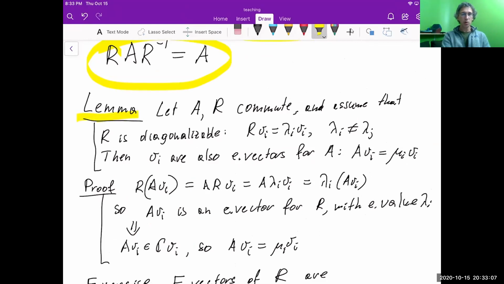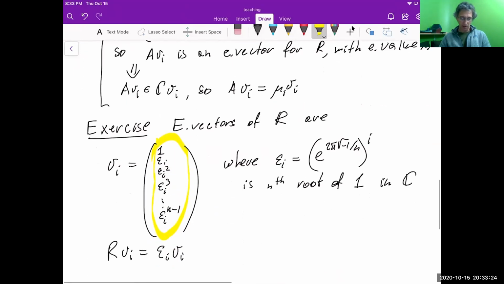So we have two operators, one which we want to diagonalize but could not yet, the other which is much simpler and it acts as its symmetry. And if we could diagonalize the second one, the symmetry one, then the first one would be diagonalized automatically. And we have diagonalized the symmetry, the R.